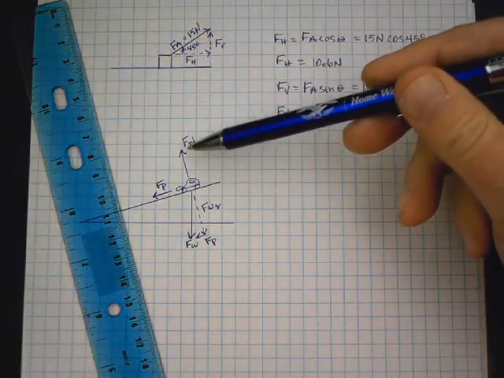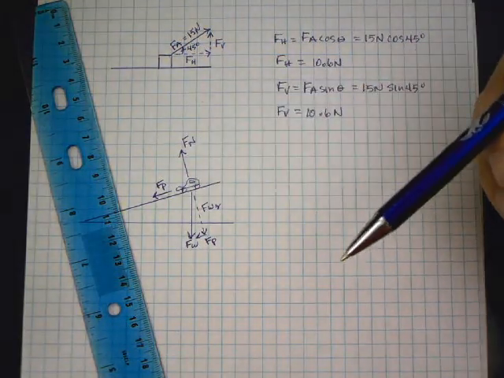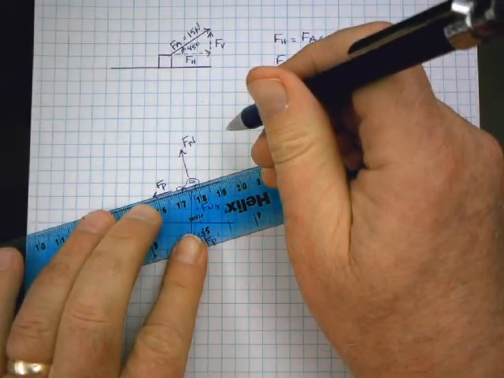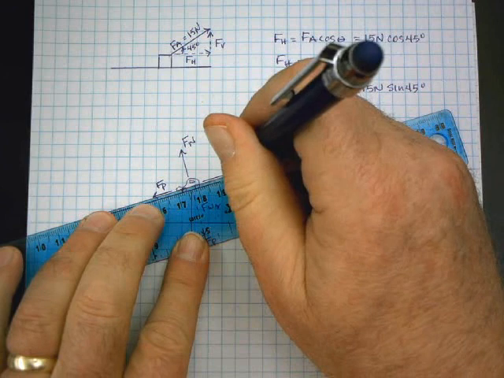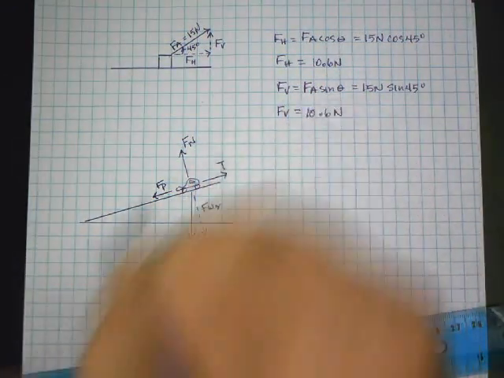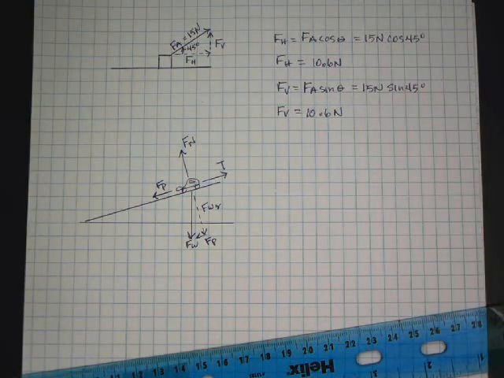This is the portion of the weight that keeps the car against the ground. And then finally, we have a tension in the rope, or I guess in the brakes in this case, keeping the car in place so it doesn't roll down.